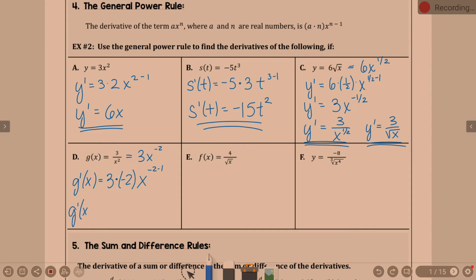What do we get here? Negative 6x to the negative third. I would go one more step though, right? Negative 6 over x cubed. Not a cube root. It's x to the negative 3, not 1/3.